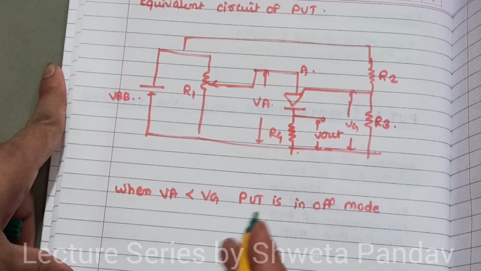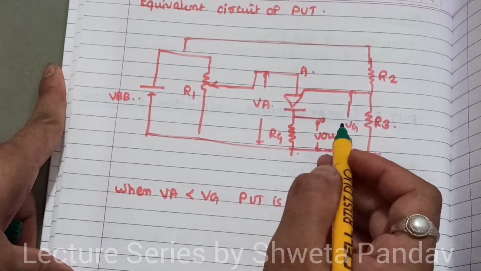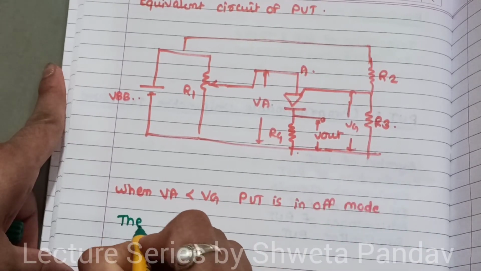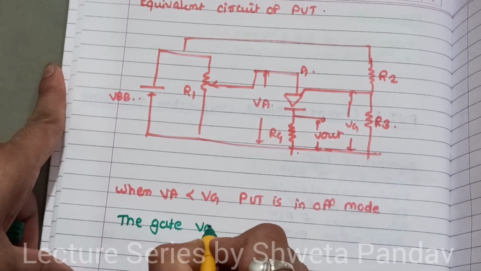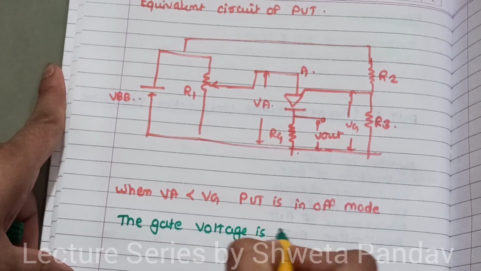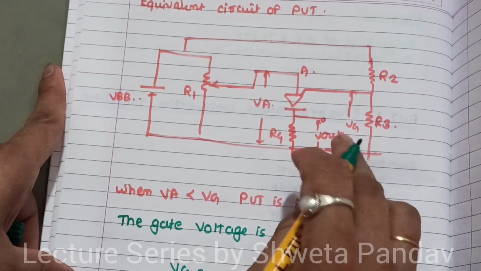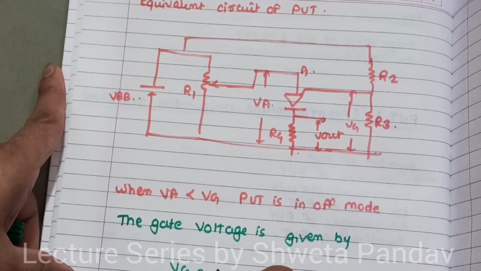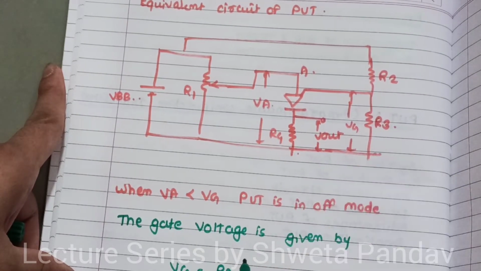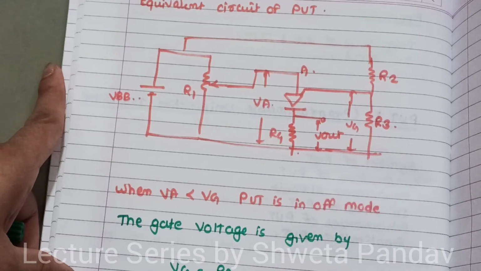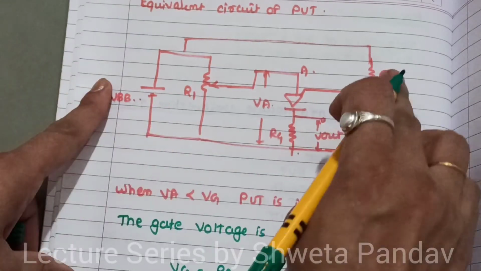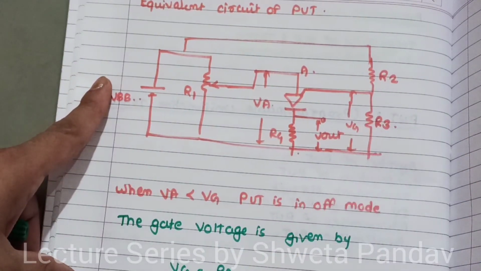Now the gate voltage VG is nothing but voltage across this R3. So apply voltage divider rule here. Voltage across R3 is the resistance itself divided by the total resistance multiplied by the total voltage supply VBB, where R2 and R3 are the resistances.